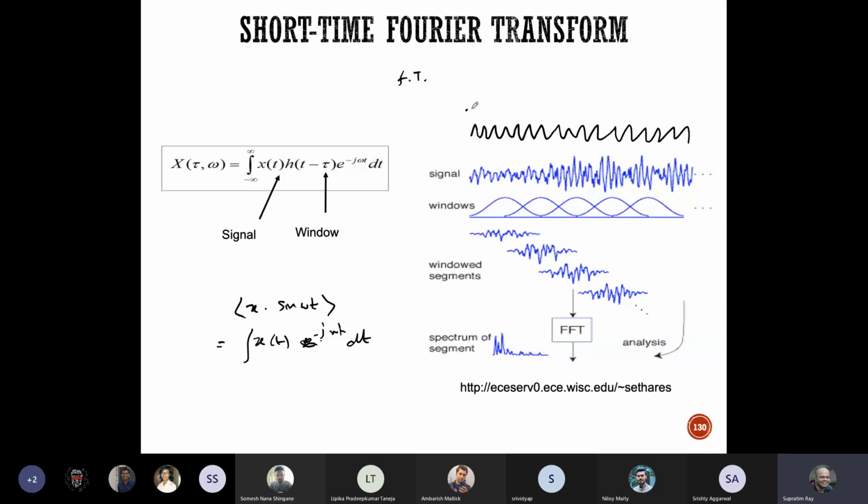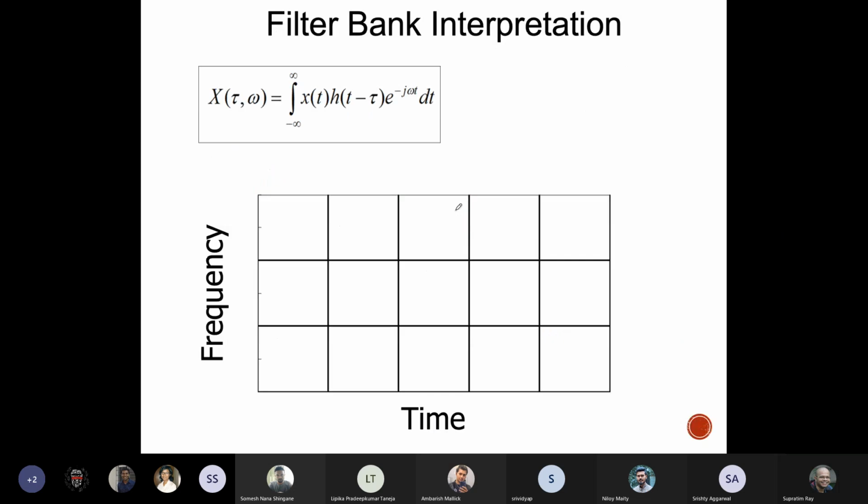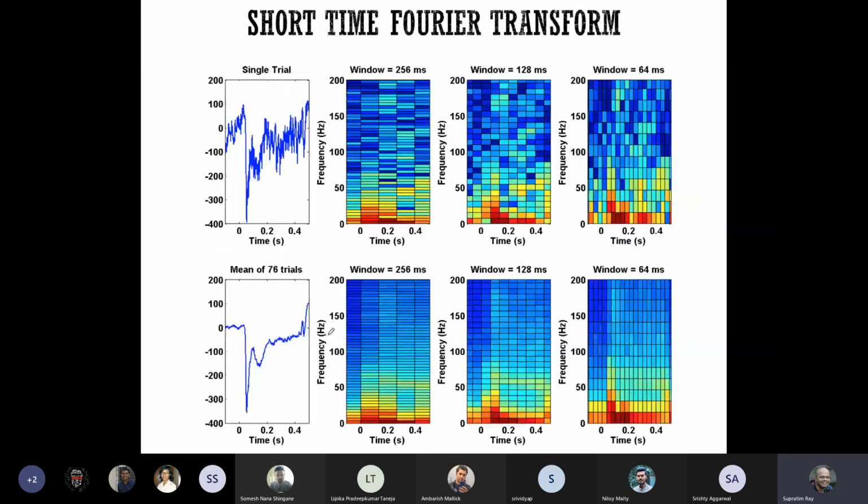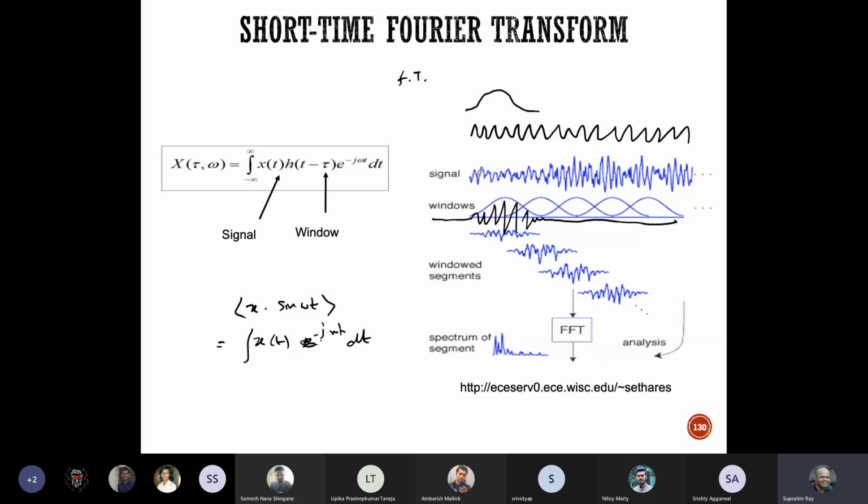Now you can apply a window at one point like this, and then the product of this with that gives you this signal like this. That is what I am drawing here. Then you are again taking the inner product of this signal with this window, but it's going to only care about what it is at this point, because the rest of the time it's all zero.